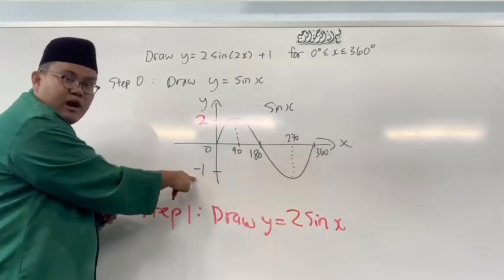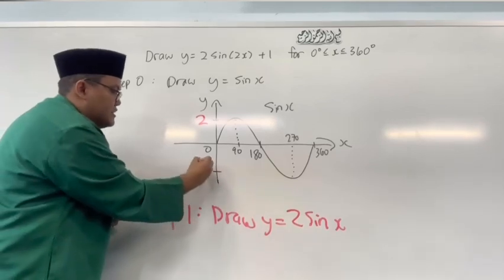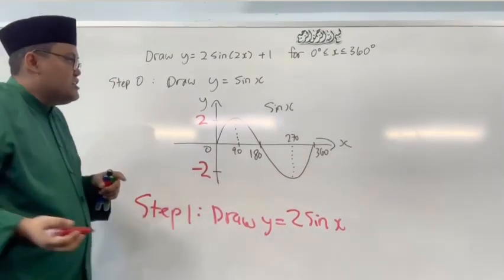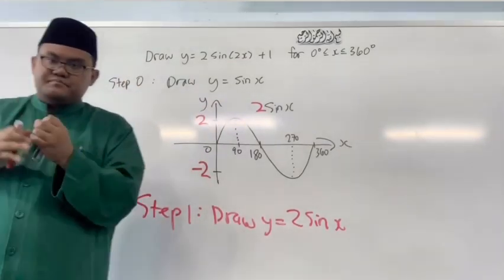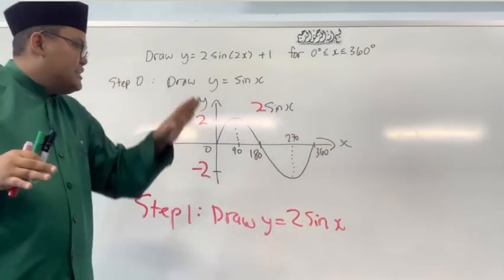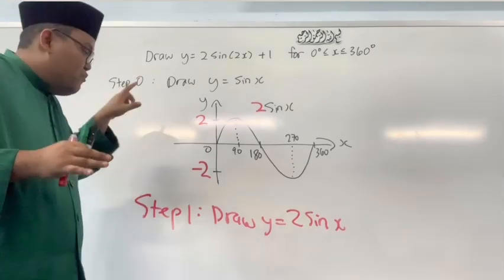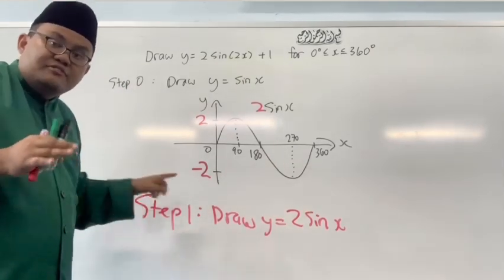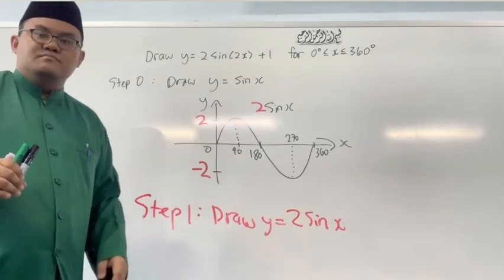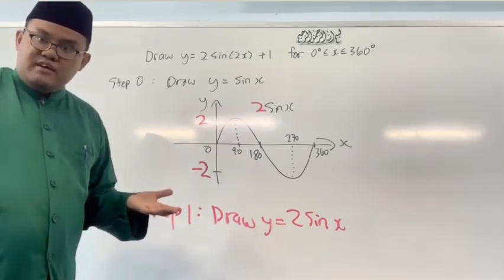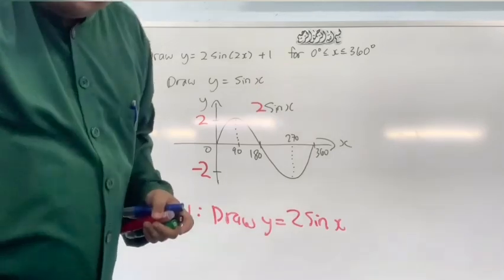The minus 1 becomes minus 2. That's the only change. So this is 2 sine x. That's why we begin with the most basic one. And then for step 1, just change these two numbers, 2 and minus 2. That's all. Now let's proceed to the other step.